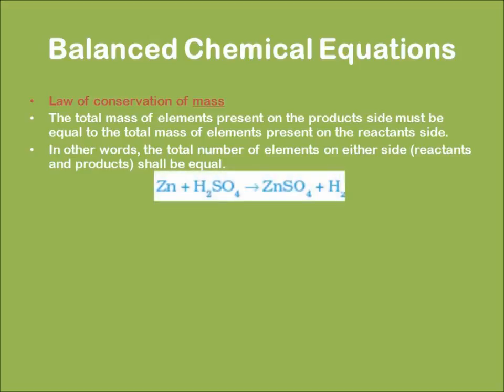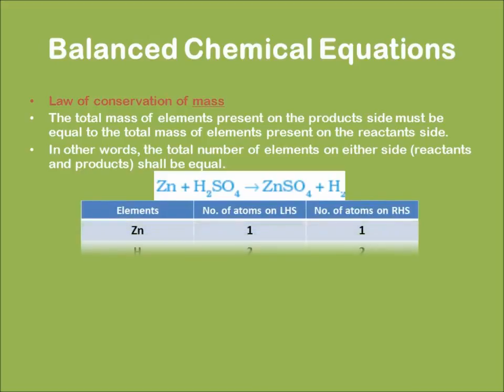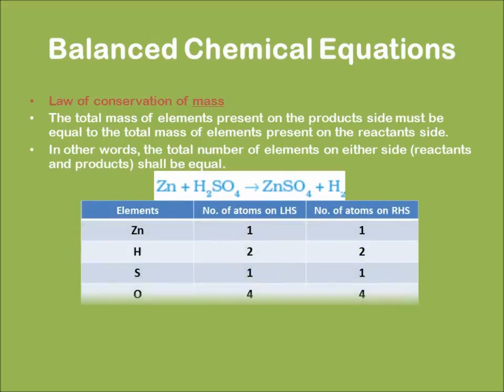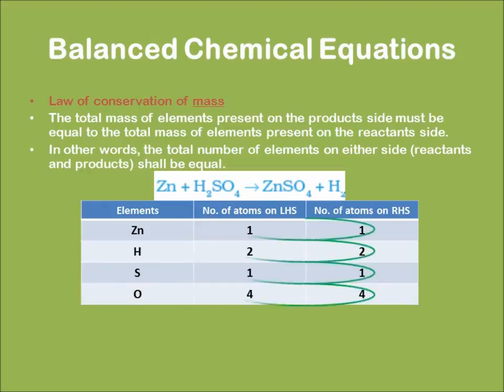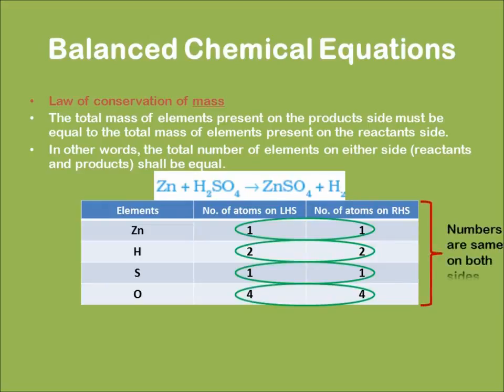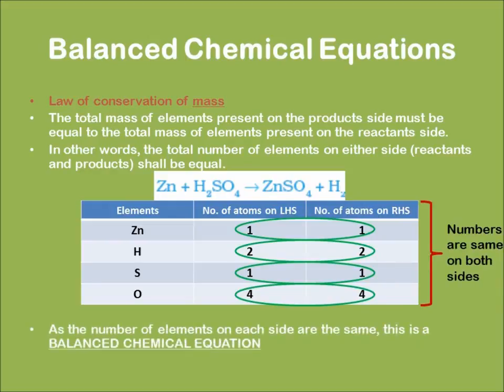Consider the following example. I list down the number of elements in a tabular form as shown below. One can clearly see that the number of elements on the LHS and RHS are the same for all the atoms. Hence, the given equation is a balanced chemical equation.